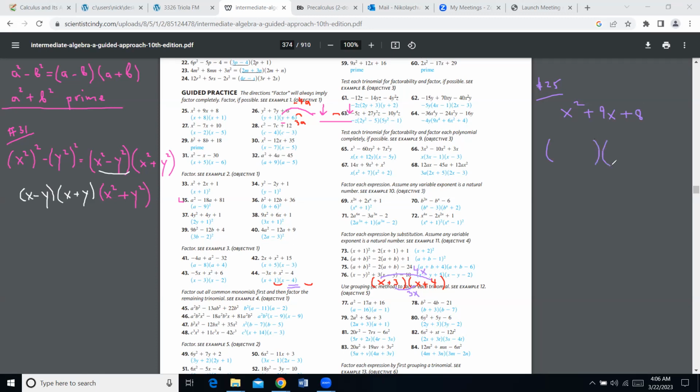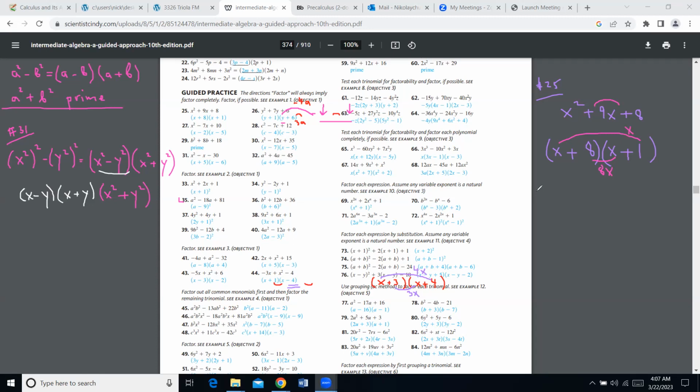So always the first step is to put 2 parentheses, and then we factor the first term x squared with x and x, and then 8 you can factor with 8 and 1, simply because the sum of 8 and 1 is equal to 9, and that's what we need, because the middle product is 8x, and the product of terms on the outside is 1x, so 9x is the answer.